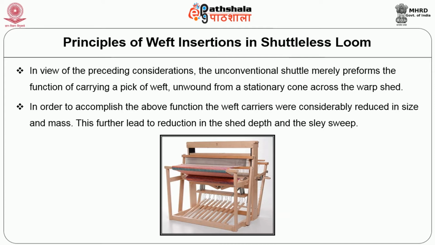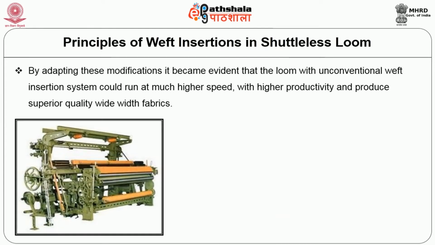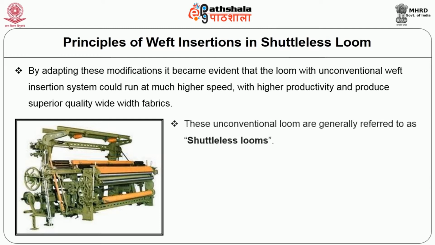This further led to reduction in the shed depth and the sweep of the sley. By adopting these modifications, it became evident that the loom with unconventional weft insertion system would run at much higher speed, giving higher productivity and produce superior quality wide width fabrics. These unconventional looms are generally referred to as shuttle-less looms.